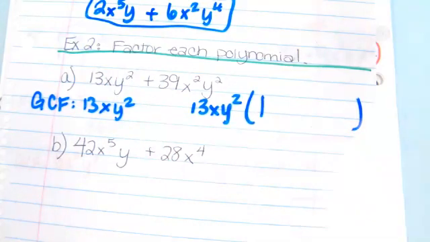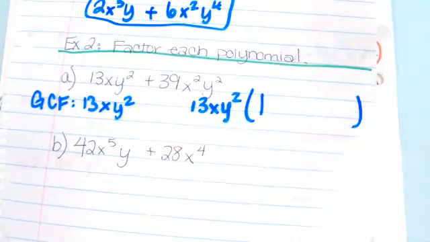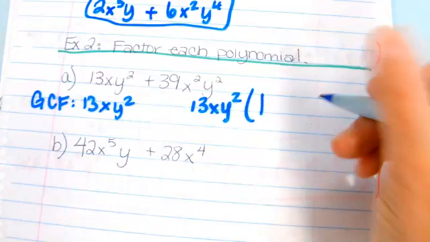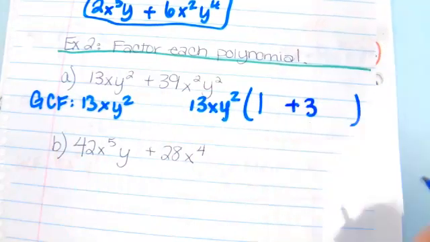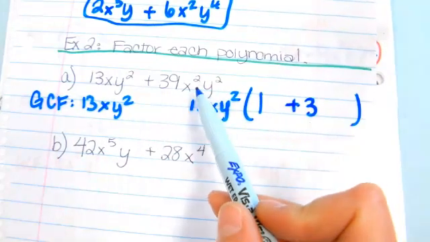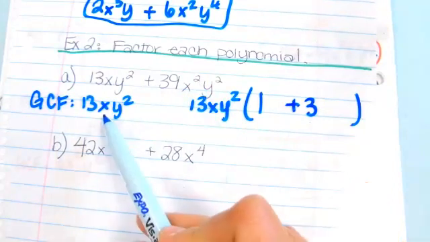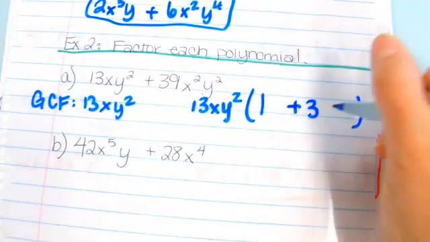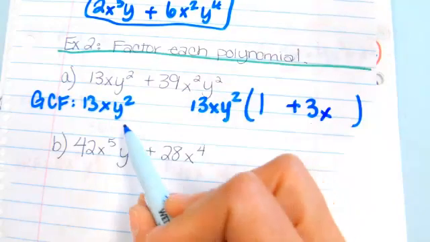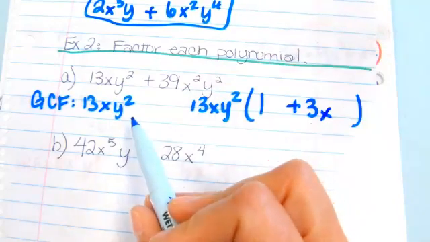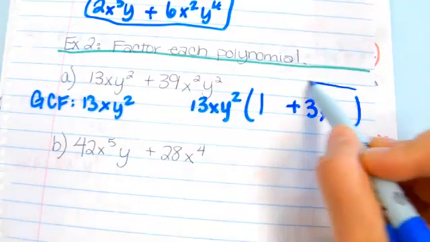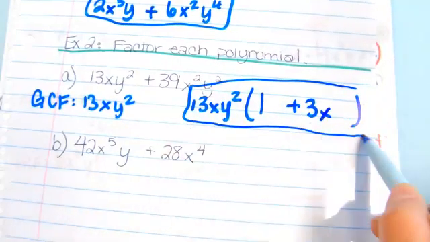So we have to put the 1, because if I don't put the 1, there aren't any variables left. 39 divided by 13 equals positive 3. If I take an x out of x squared, how many is left? 1. If I take y squared out of y squared, how many is left? 0, so I don't put any on. This is the final answer.